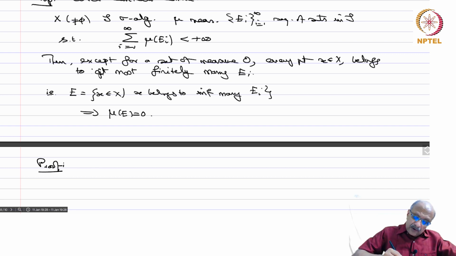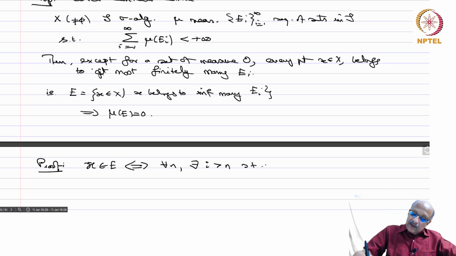So what is E? E is the set of x belonging to infinitely many E_i. That means x is in E if and only if for every n there exists an i bigger than n such that x belongs to E_i.